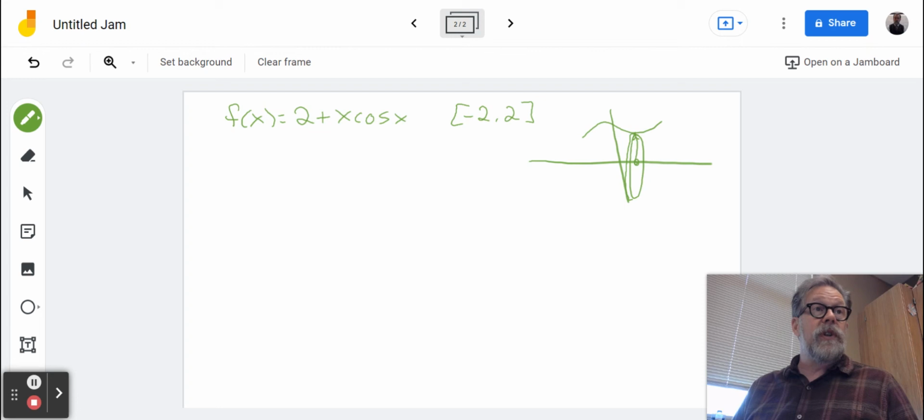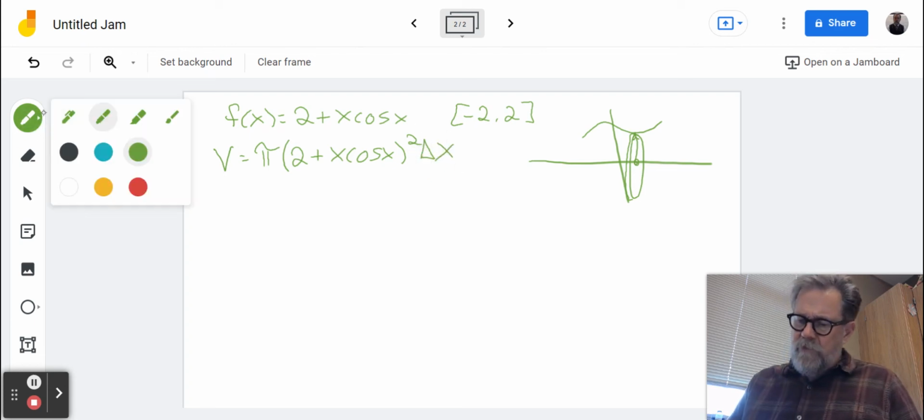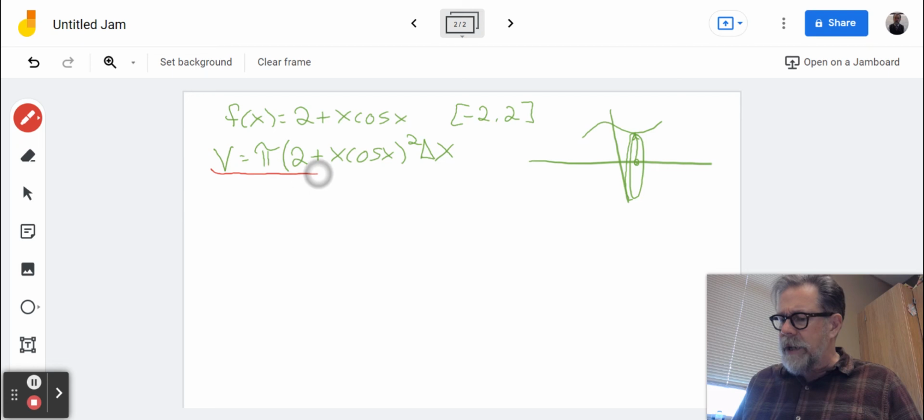So I'm just going to go straight to the volume of my cylinder is pi r squared delta x. And I really like to write this down every single time.